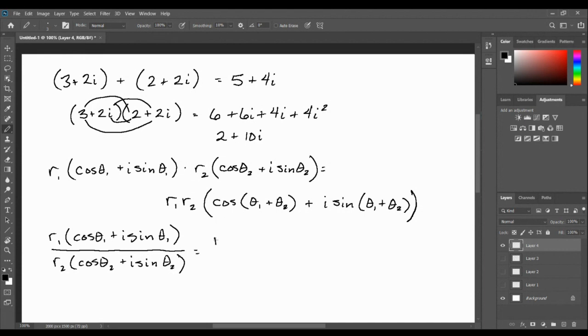We're going to go ahead and divide r1 by r2, multiply that by the cosine, and now we're going to take the difference. Theta 1 minus theta 2, plus i sine theta 1 minus theta 2. So they're similar. Those are just formulas that we need to learn and practice using.